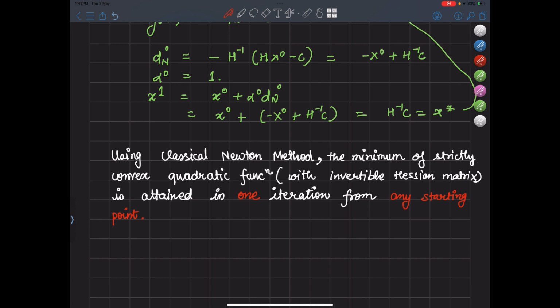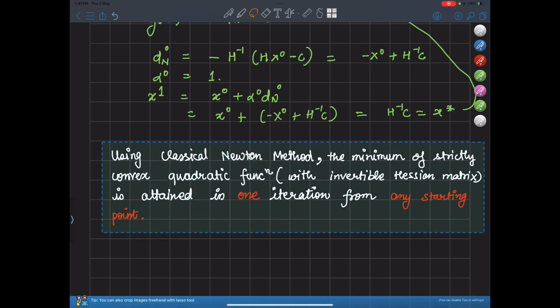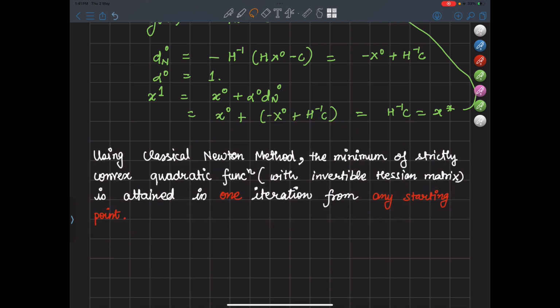This is the power of Newton's algorithm: for a strictly convex quadratic function whose Hessian matrix is invertible, it will take us to the optimal point in one iteration starting from any point.